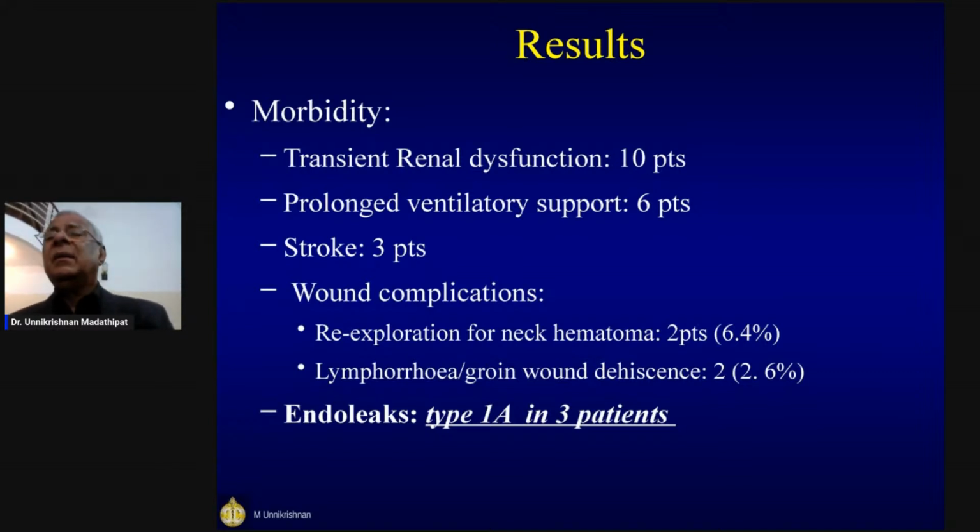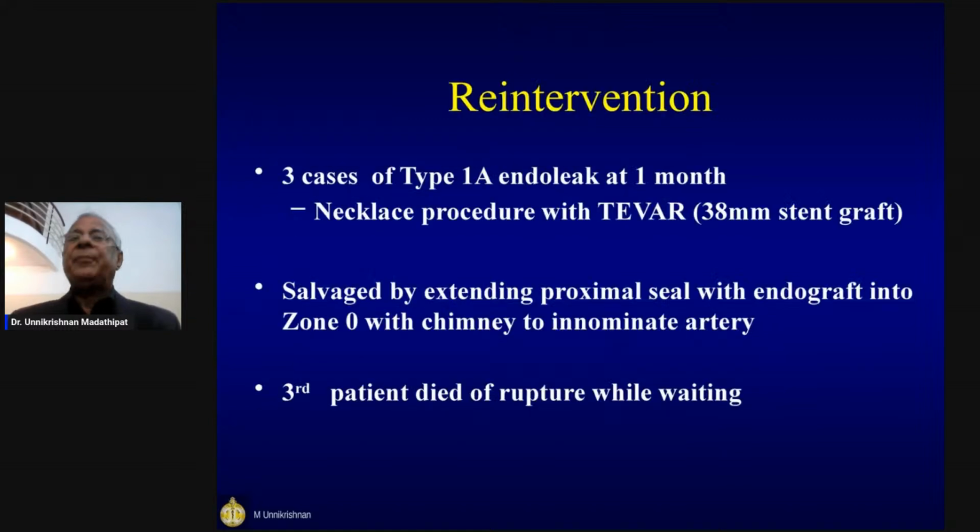Some minimal neck hematomas needing re-exploration, wound dehiscence in the groin, and type 1 endoleak in 3 patients, which we managed. In one patient we did a chimney procedure with an add-on, in another we used a second endograft, and one patient, while waiting, didn't have sufficient money. He came much later, and as I said, we could not give him a free graft. It's about 3-4 lakhs at that point of time, and he died while waiting.